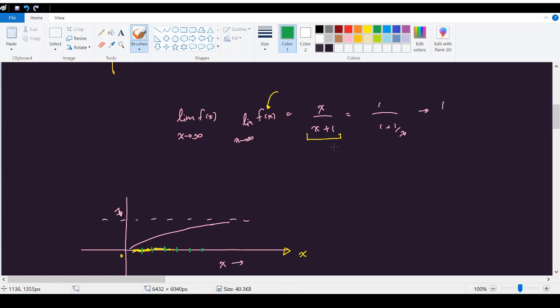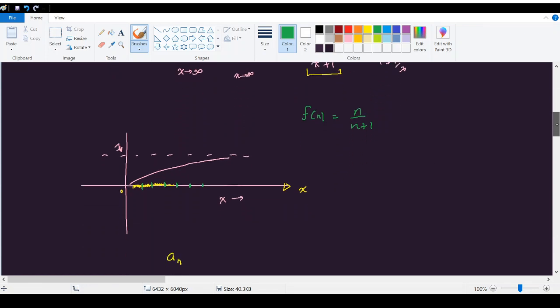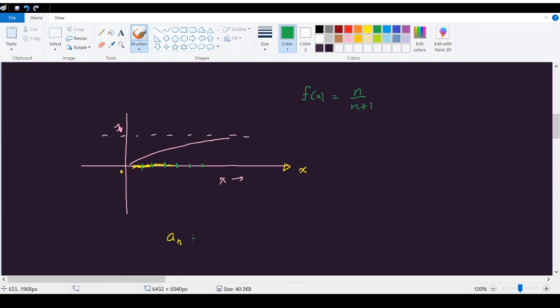So we can have the same equation but only with natural numbers, and we can write the formula like this, or in a more suitable way we can write the formula like this.